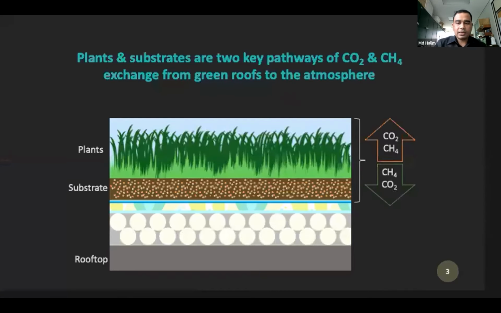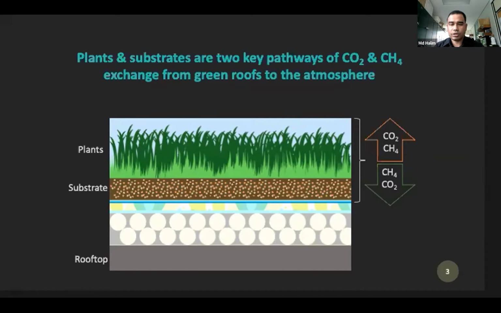So a little bit of mechanism. Green roofs exchange carbon with the atmosphere primarily via plants and substrate, in the form of carbon dioxide and methane. The net effect of carbon dioxide and methane efflux and influx will determine whether a green roof is a sink or source of carbon.